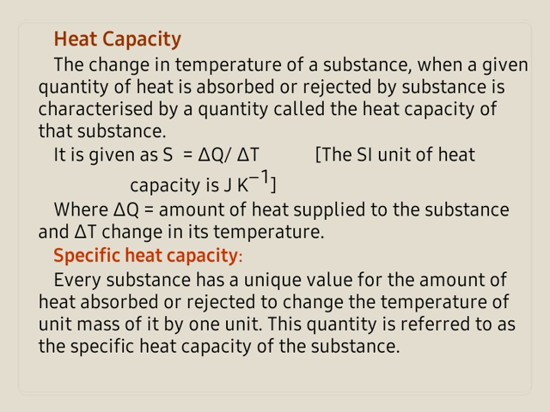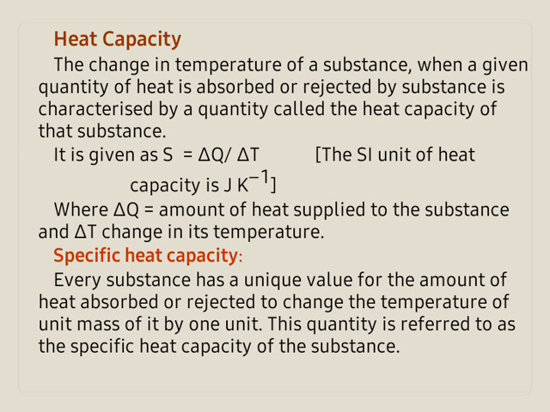It is denoted by S. It is mathematically expressed as S is equal to delta Q by delta T, where delta Q is the amount of heat supplied to the object and delta T is the change in its temperature.